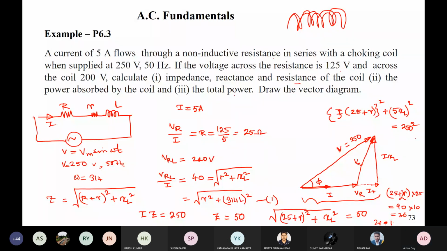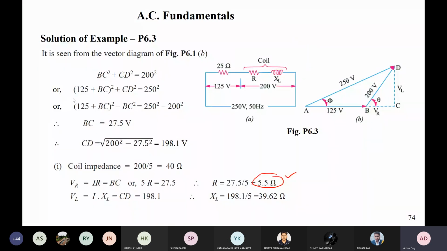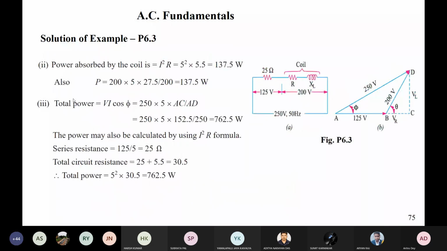It will be V into I into cos phi, 250 into 5 into cos phi. What is cos phi? For this particular circuit, your Z equal to this, and what is your R? Small r plus capital R, so you can get cos phi from there. Okay, so that is your cos phi.